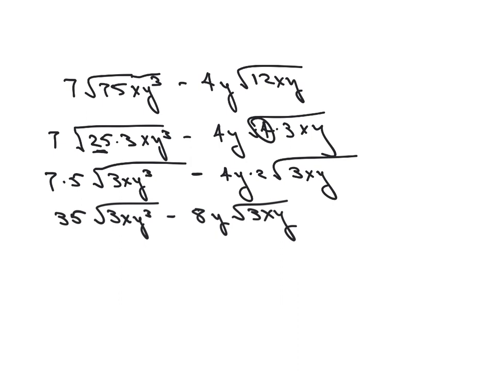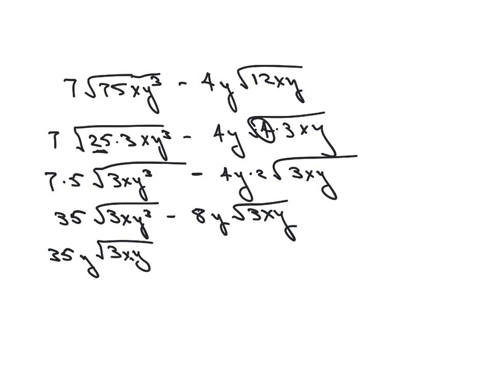Okay, one of the things that keeps me going: if this exponent is bigger than the index, I can pull more out because 2 goes into 3 one time, so I can pull 1y out with a remainder of 1.